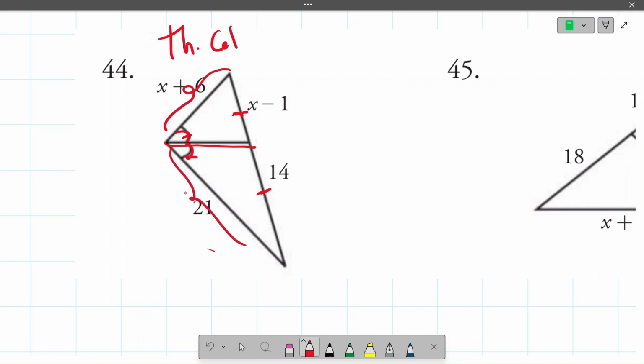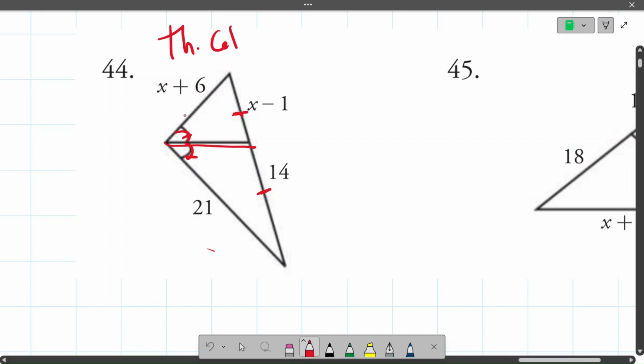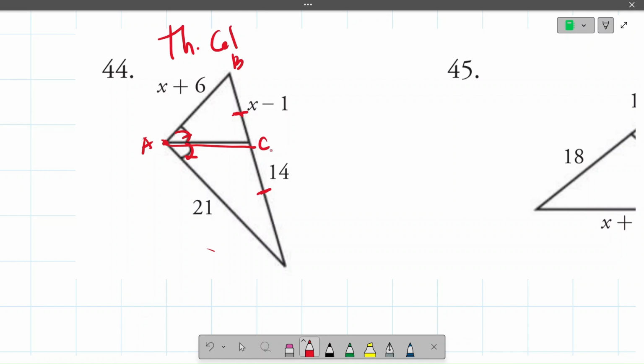Ito and ito. So, pag label ko yung class, like, this is vertex A, this is vertex B, vertex C, vertex E. Ang magiging proportion nito is, first is ito, right? We have BC. Ratio daw siya sa CD.